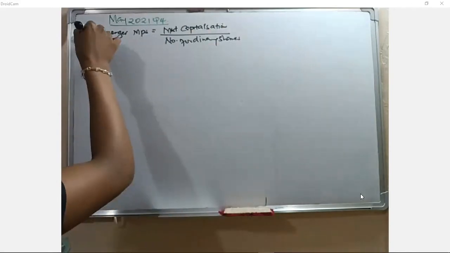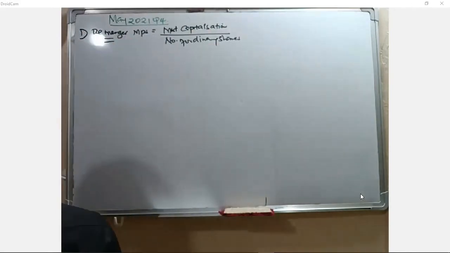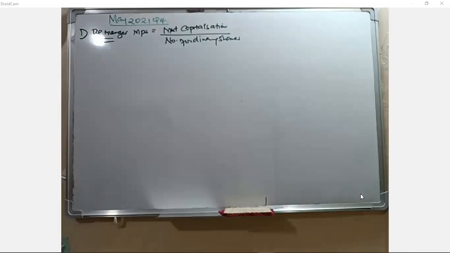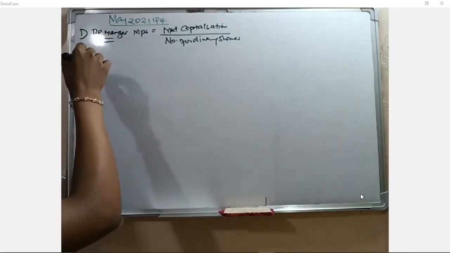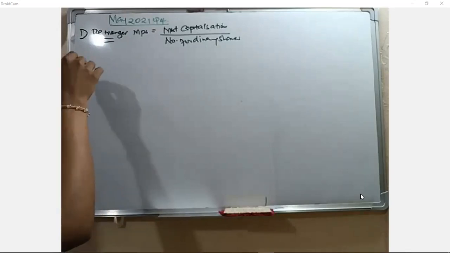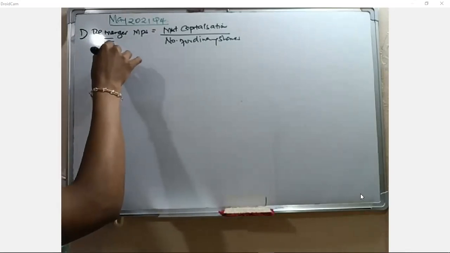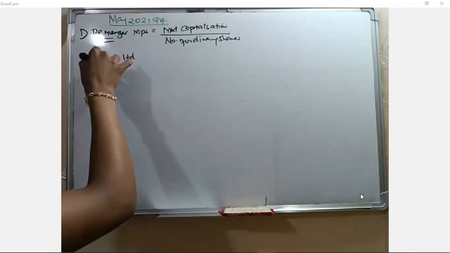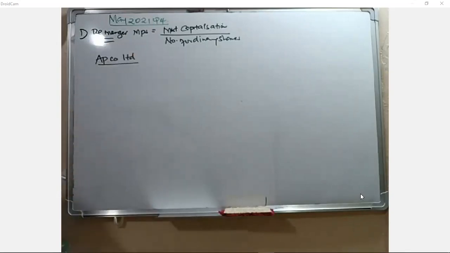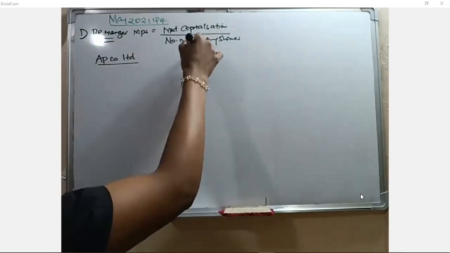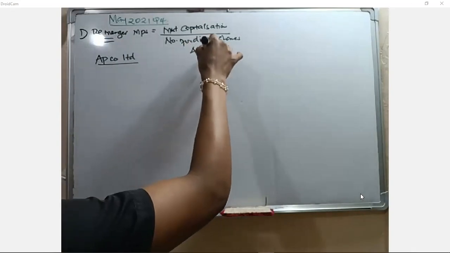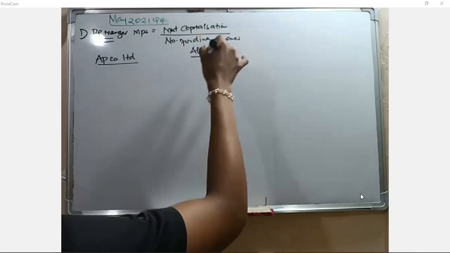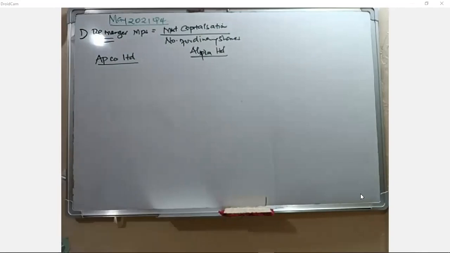So when you are being told about the pre-merger, it is before the merging. And in this case, it means I have to be calculating the pre-merger for APCO, yes, it is normally called APCO Limited. And also you need to be doing the market price per share for Alpha Limited. So let us look based on our question, what is being provided here.